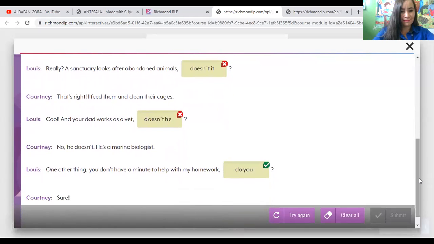A sanctuary looks after abandoned animals, doesn't it? That's right. I feed them and clean their cages. Cool.